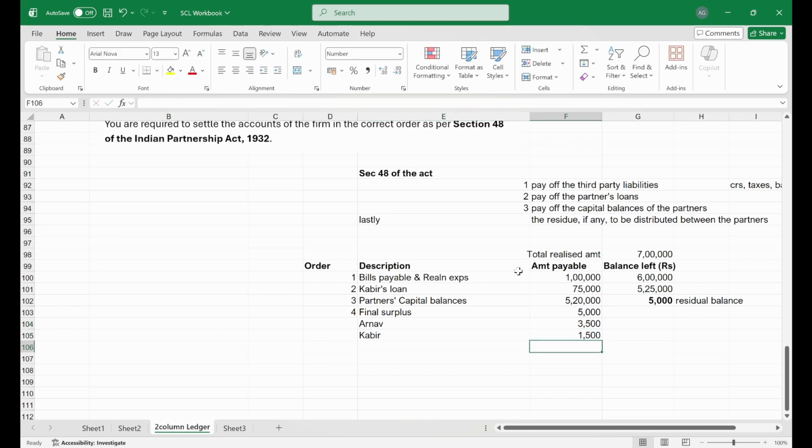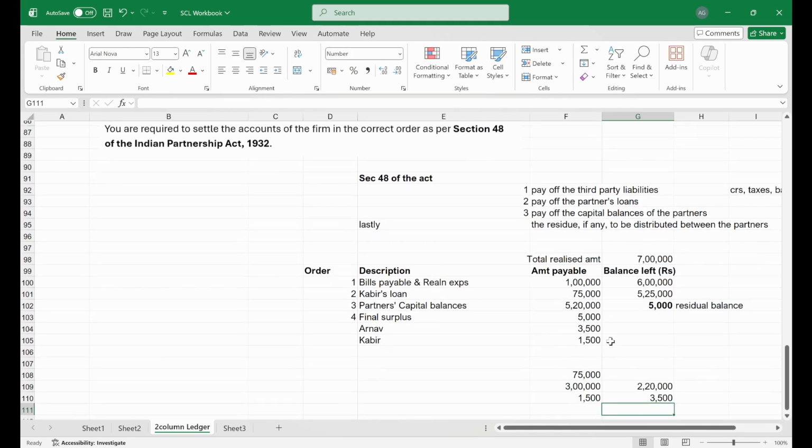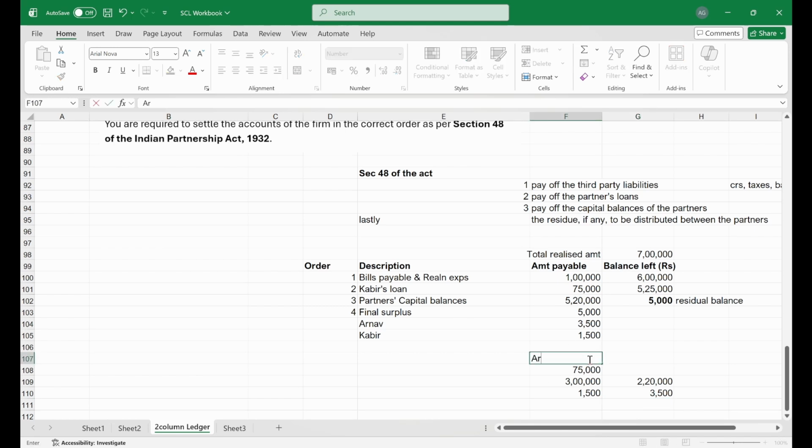So finally Kabir gets back his loan of 75,000. He also gets back his capital balance of 3 lakhs, and he gets a distributed profit of 1,500. Arnav gets back his 2,20,000 as capital. He gets back 3,500 in the name of divisible profit. So this is the final monies being paid to each partner.